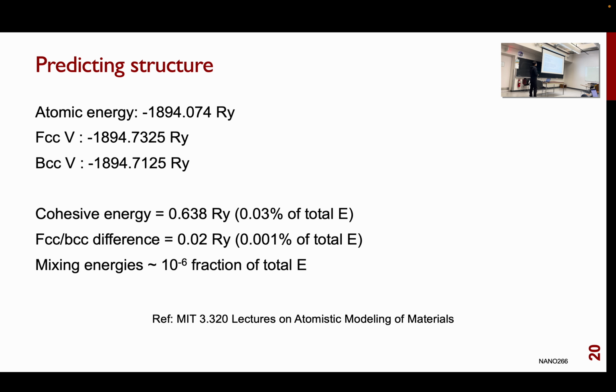If you look at the atomic energy that you calculate with your GGA PBE functional, it is around negative 1,894. And if you look at the FCC phase, it is negative 1,894.7325. For the BCC phase of vanadium, you basically get the same value before the decimal point, and even the first decimal place is still the same, and it's only the last 3 digits that are different.